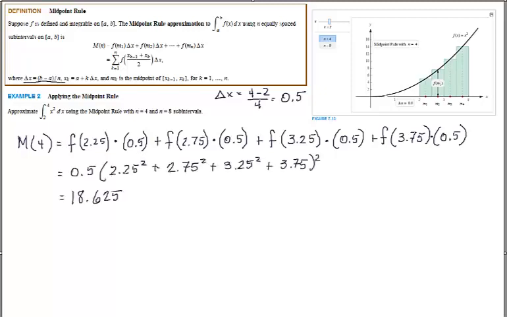This is just a computation with no calculus involved, and I get 18.625 with 4 subintervals.